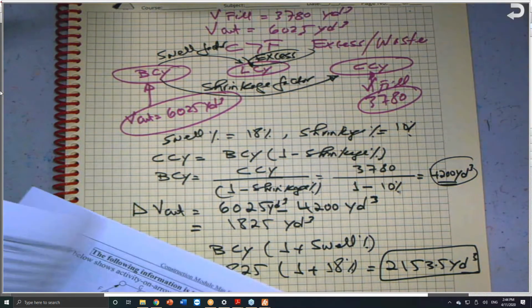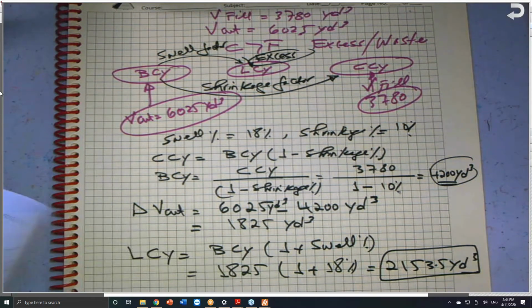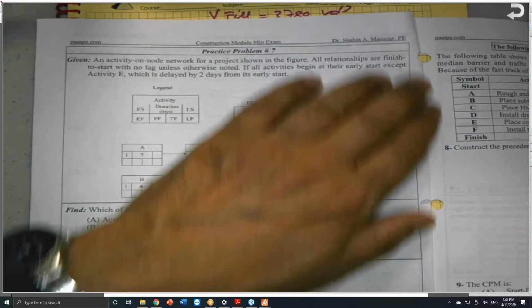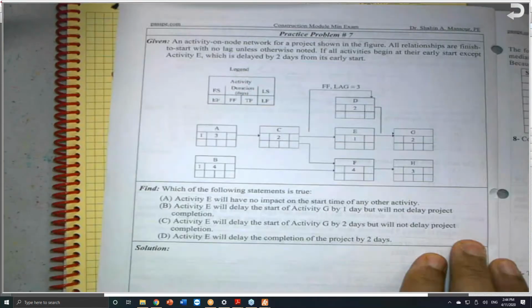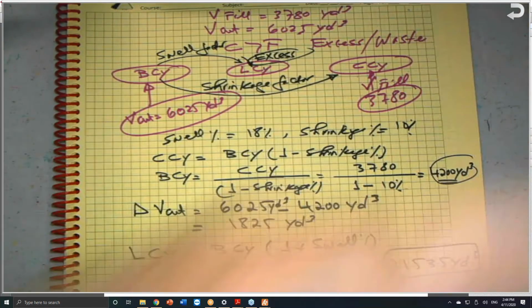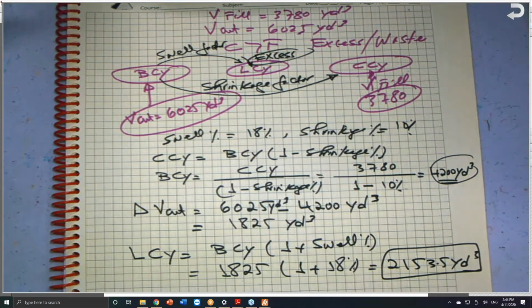If we look at another type of problem for construction, again construction PM, look at this problem here, which is also given, I believe, something similar to it in the NCEES. This is something very important related to the CPM, the critical path method. I covered the CPM for the AM, and we covered it for the PM in more depth.